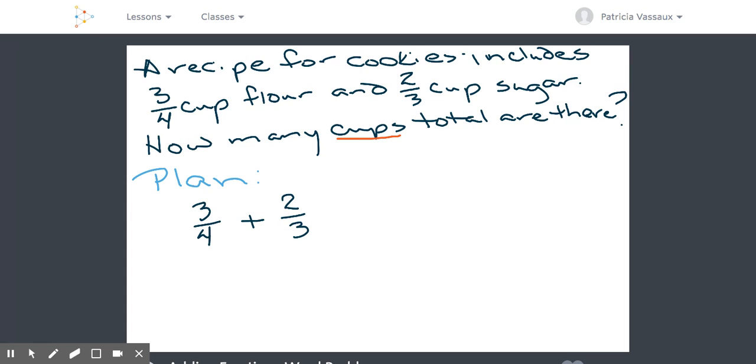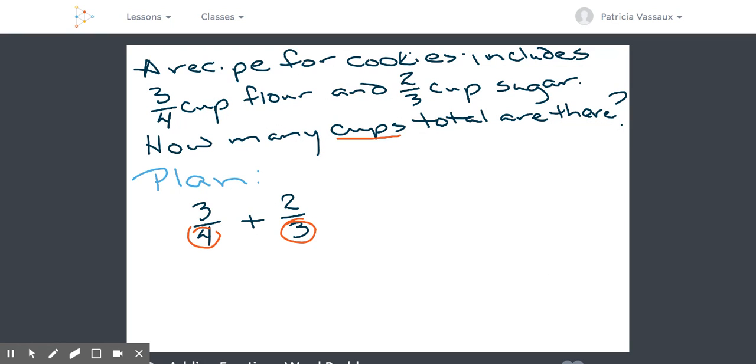When you add fractions, you have to add fractions of the same size, the same slices, the same piece. And as we see, the denominators are different. That means they're different sized pieces.